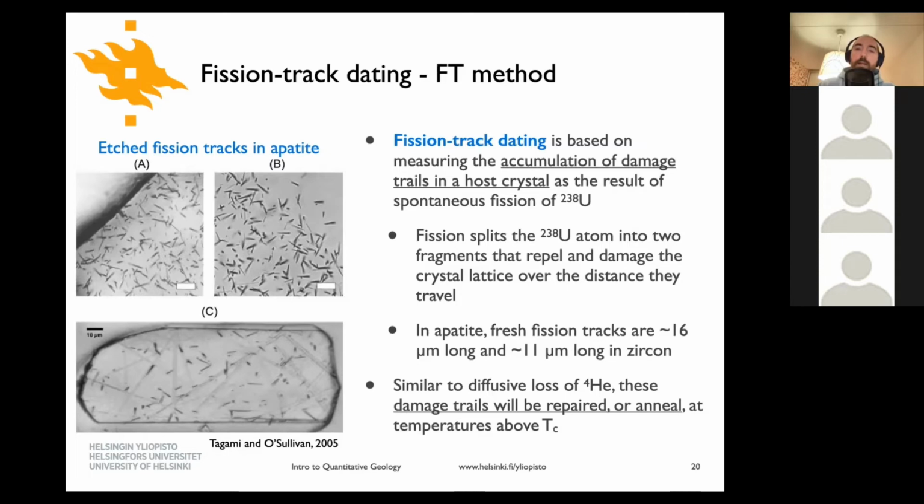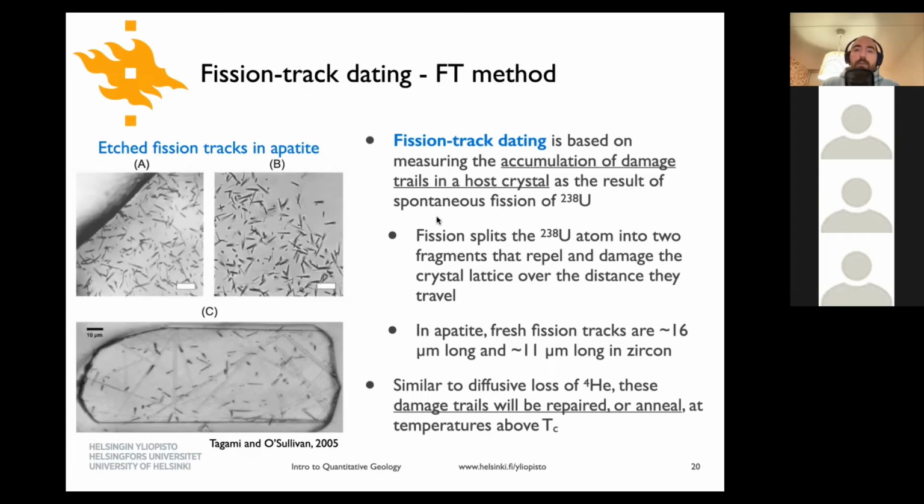And the basic idea with fission track dating is that we are going to date a mineral based on a damage trail that's created from spontaneous fission of uranium-238. So fission, in contrast to the alpha decay that we saw earlier, results in essentially splitting this atom in half.